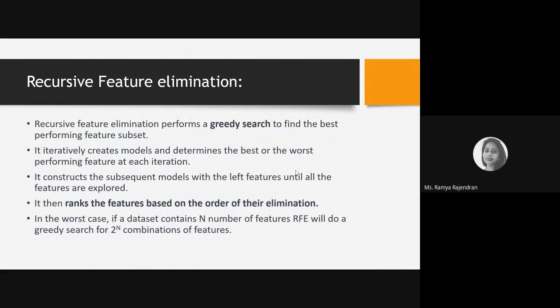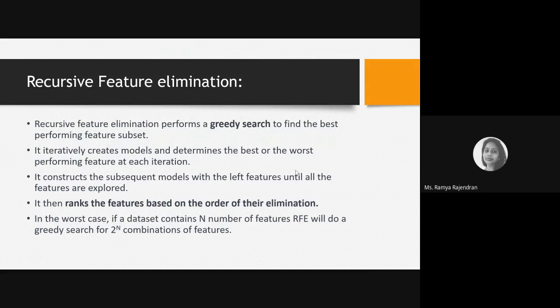and tries to identify the best feature with F1, the worst feature with F1, the best feature with F2, and the worst feature with F2. So it checks all those combinations. Sometimes you might end up with too many combinations.